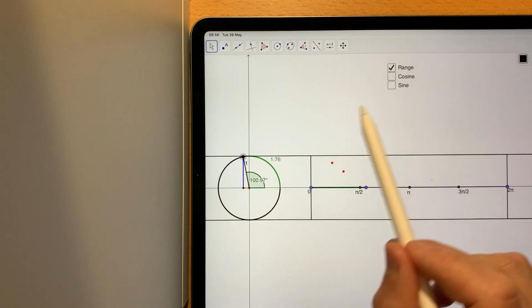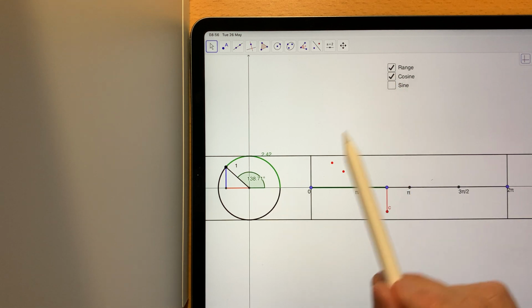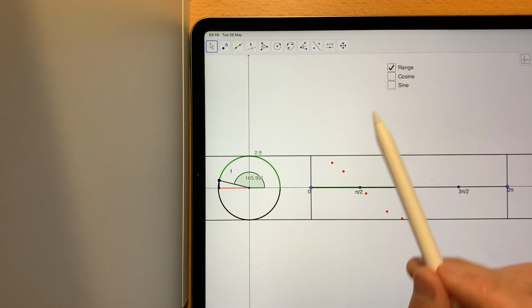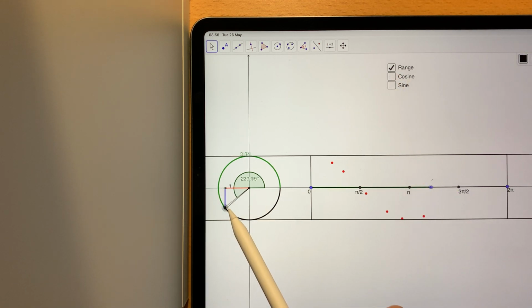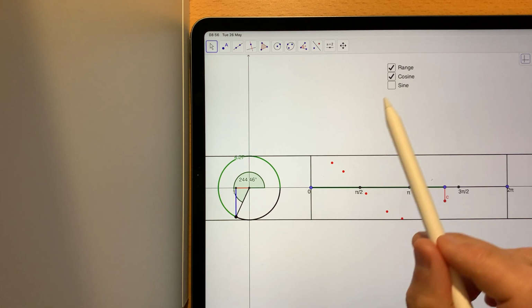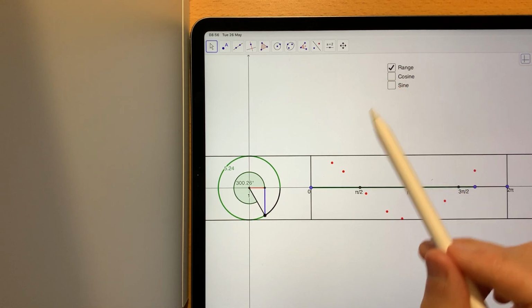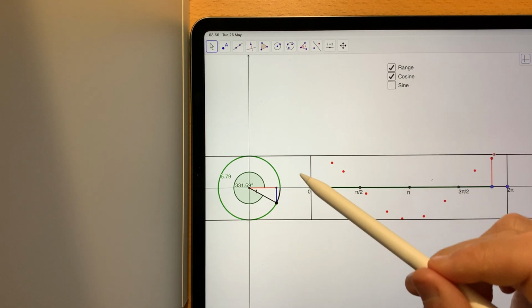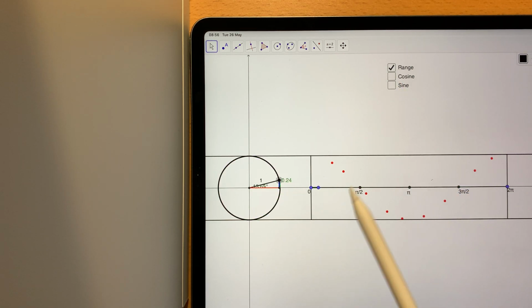Let's try that. And I think you can see what's happening. It will do something like this. So let's leave it switched on.